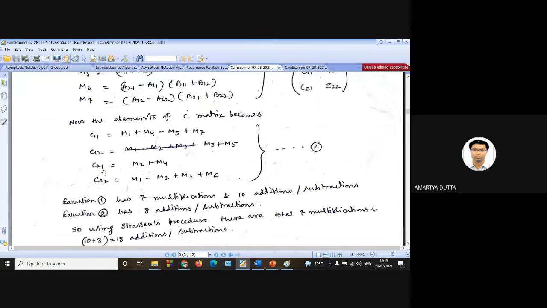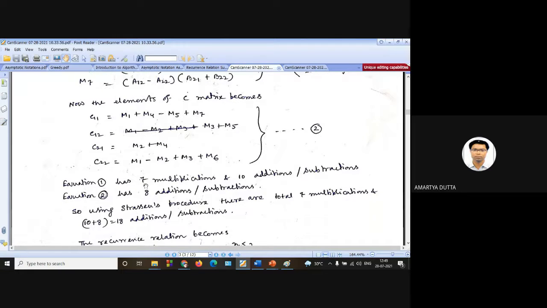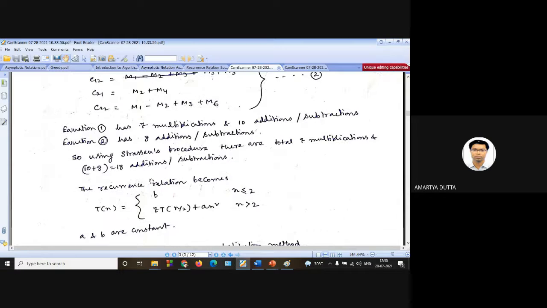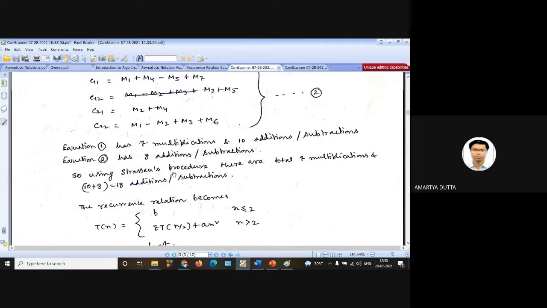Okay. And there will be 10 addition and subtraction operations. Okay. So finally we have total 7 multiplications and 10 plus 8, total 18 additions and subtractions.